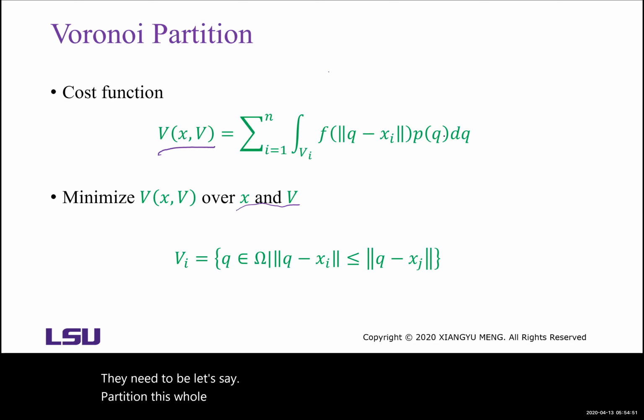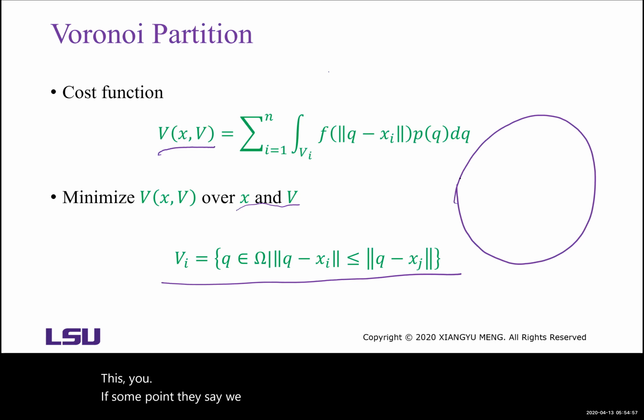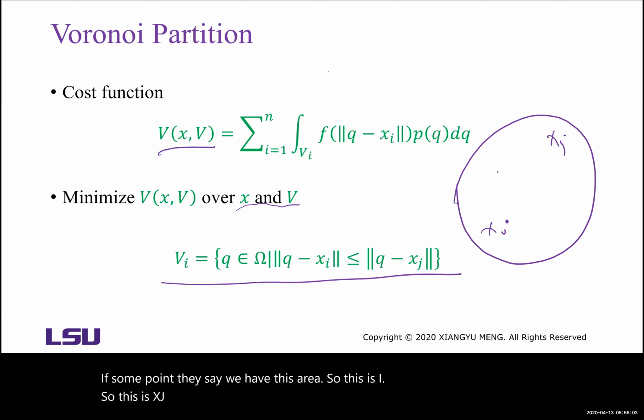Based on this rule, let's say we have this area, where this is xi and this is xj. For each point q, we calculate whether it's close to xi or xj. If it's close to xi, this q belongs to Vi.